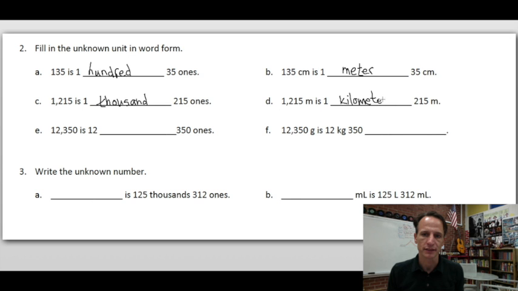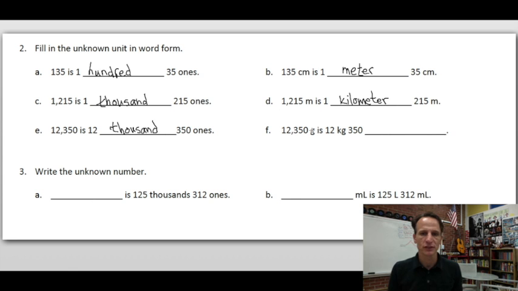All right, beauteous. And now we look here at 12,350 is 12 blank, 350 ones. Well, so 350 ones, we look at the 12 what? 12, what did I say? 12,000, yes. Okay, so simple, but we're learning that relationship between place value and the metric system.